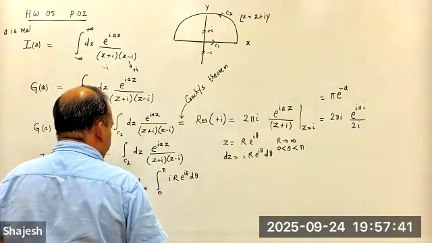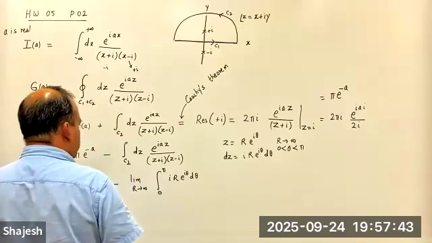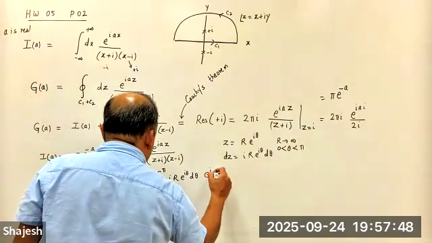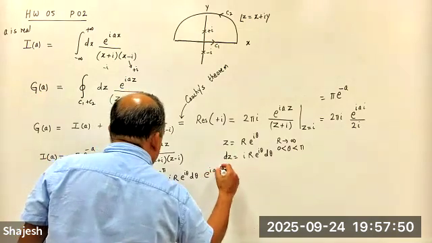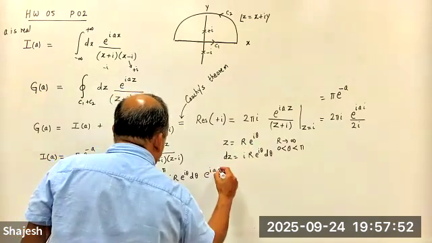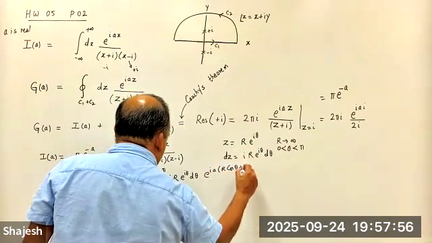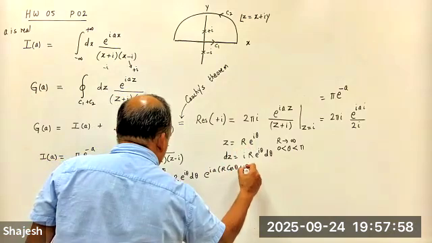And this is e raised to i a z, where z is R e raised to i theta, which can also be written as R cosine theta plus i R sine theta.